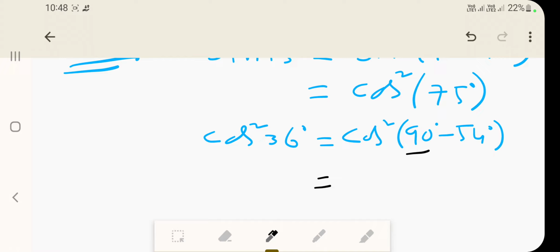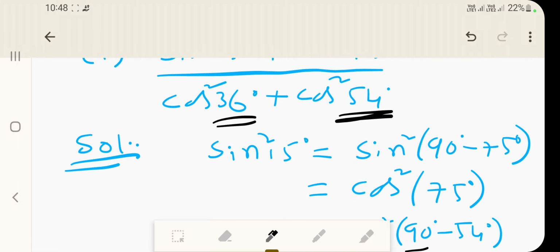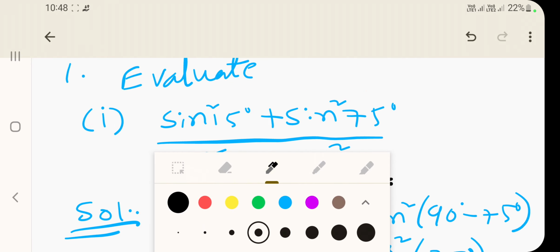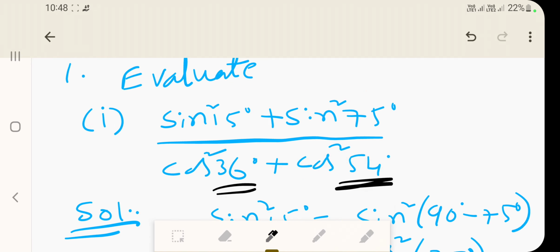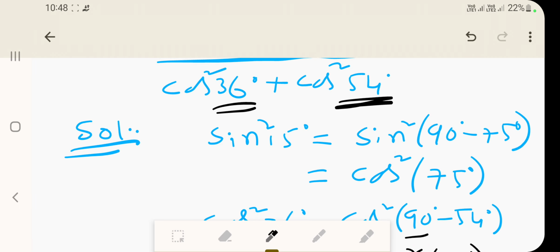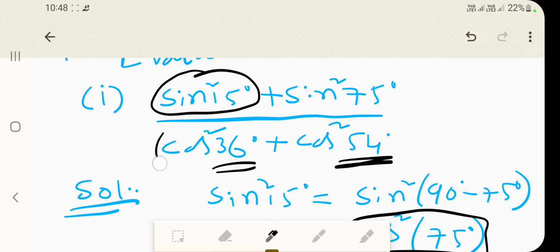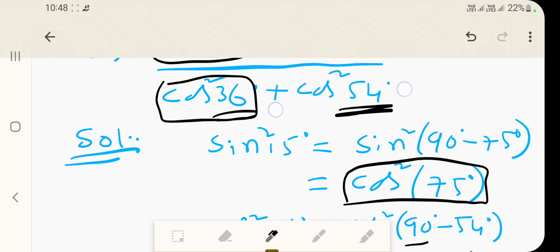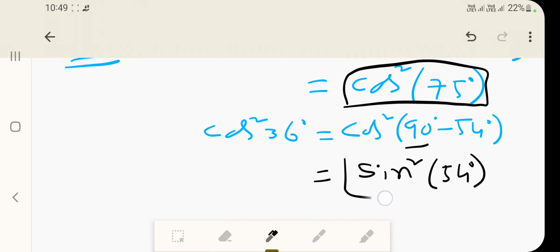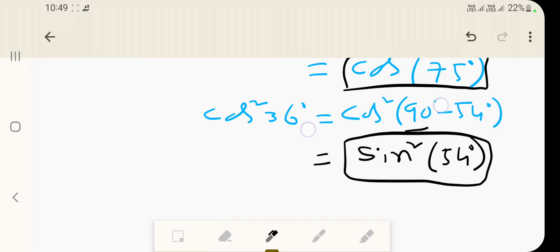Cos 90 minus theta is nothing but sin theta. Here we have sin square 54 degrees. So now we can replace these two. Sin square 15 can be replaced with cos square 75, and cos square 36 can be replaced with sin square 54.